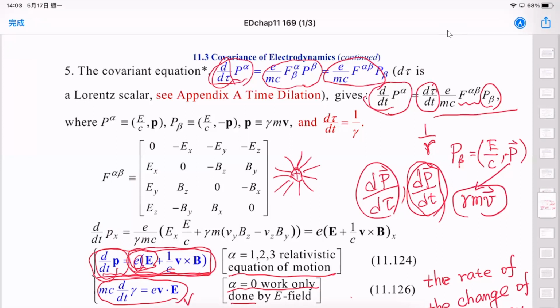And when this particle moves, it still has 10 flux lines. Even if this particle moves very fast, the flux should be the same, should not change. It's a scalar quantity that does not change with inertial frames. So the charge will be an invariant quantity. Okay.